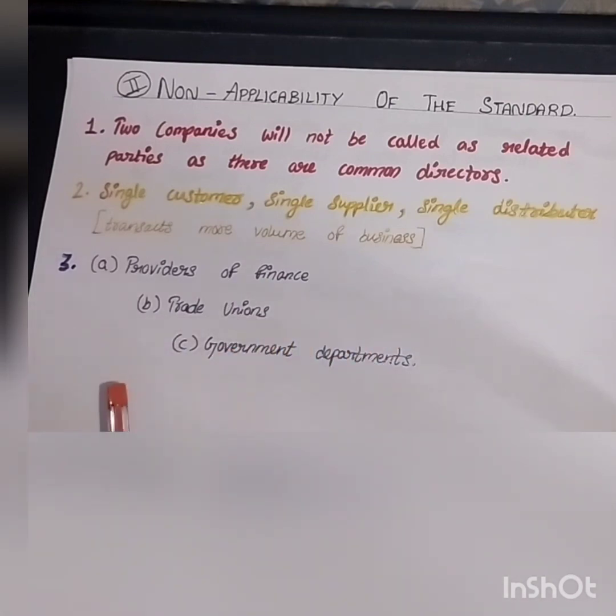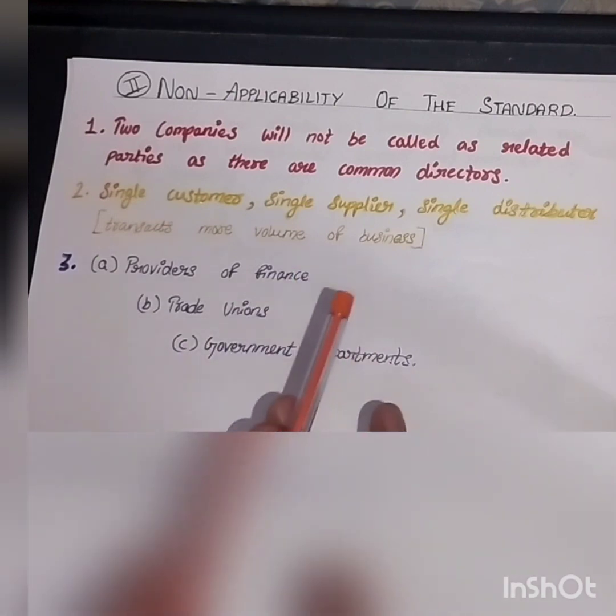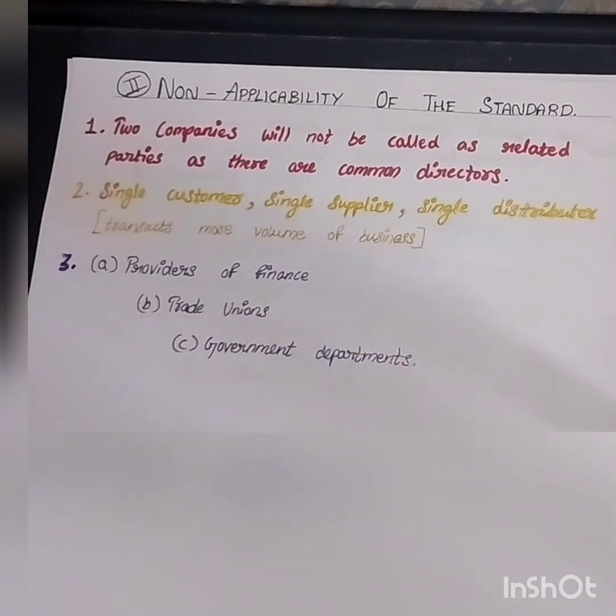Let's say company X and company Y, and director A is working in both companies X and Y. This common director is not treated as a related party. Understood?